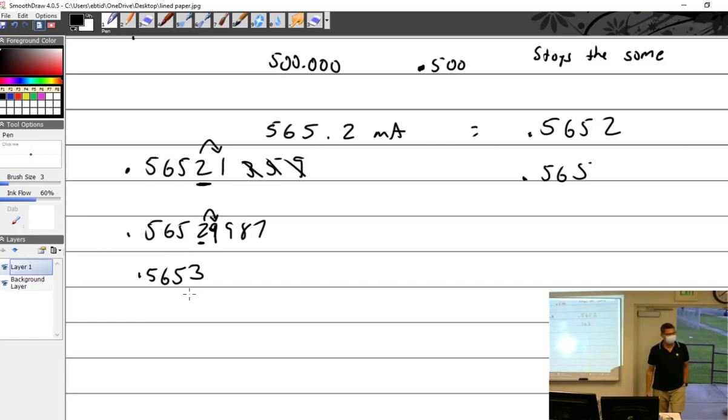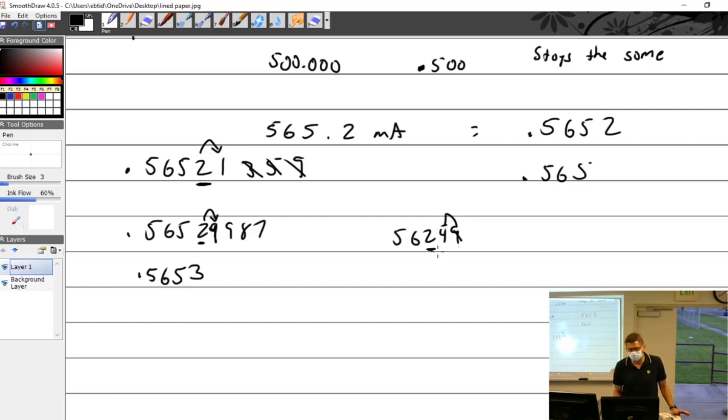If it was 0.56249, the 9 wouldn't round that 4 to a 5. And we're looking for the 2. The 9 wouldn't round the 4 to a 5. No, it doesn't. Thank you for bringing that up, because we wouldn't then start over here. The 9 doesn't make that a 5.